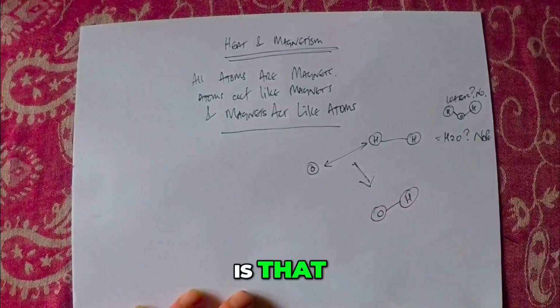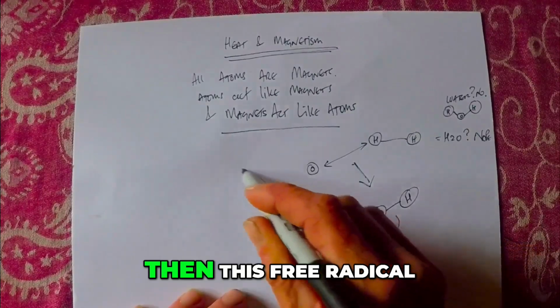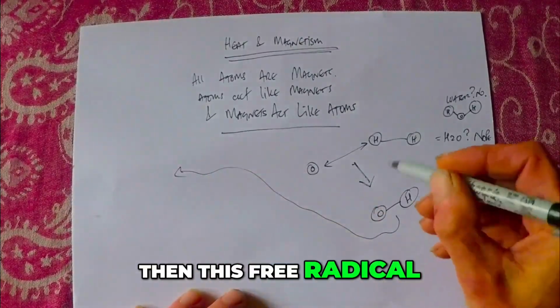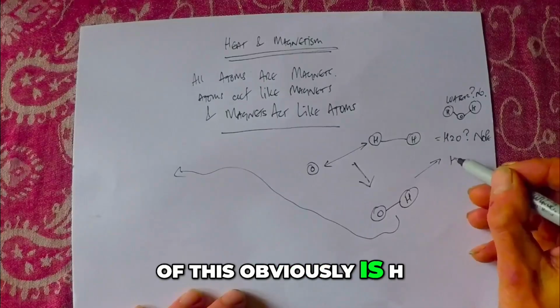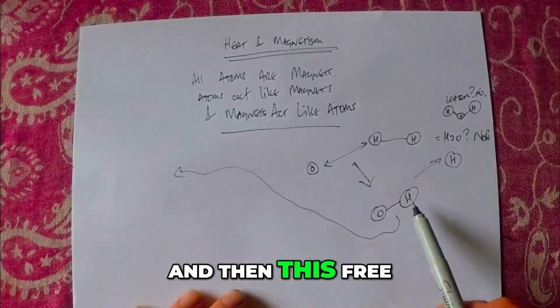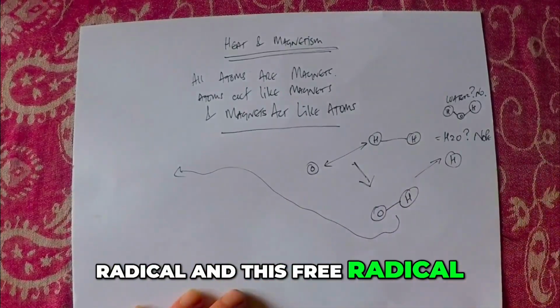And when these meet, when H2 meets O, what actually happens is that OH forms. Then this free radical, and what comes off of this obviously is H, and then this free radical and this free radical, they float off.